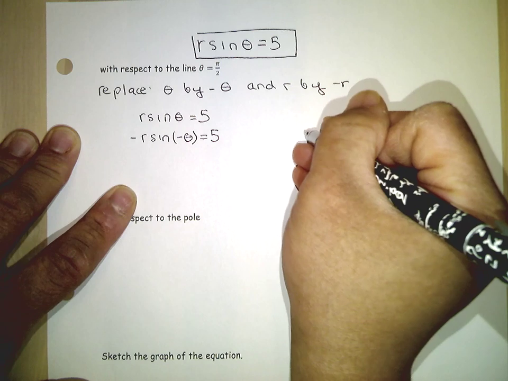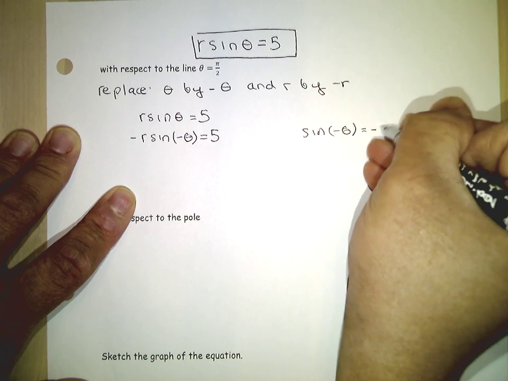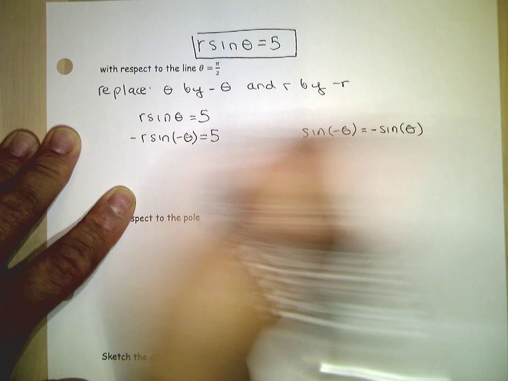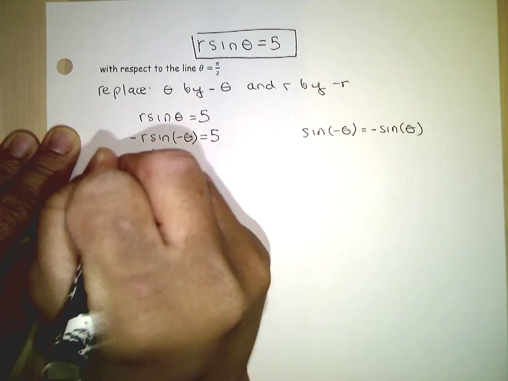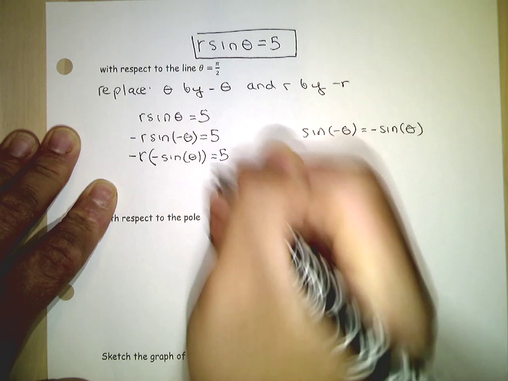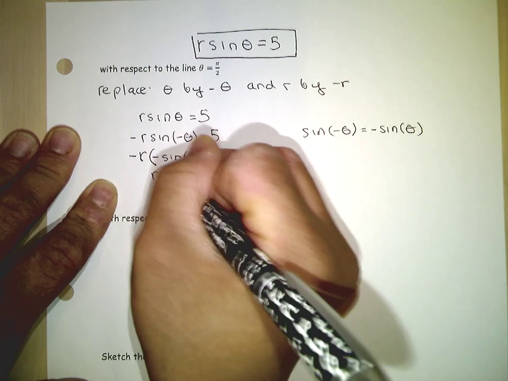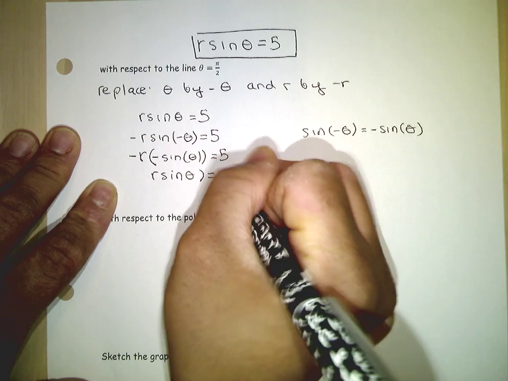And remember that the sine of the opposite of theta was the opposite of the sine of theta. So we have the opposite of r, opposite of sine of theta equals 5. And that ends up, when we multiply this together, being r sine of theta equals 5.